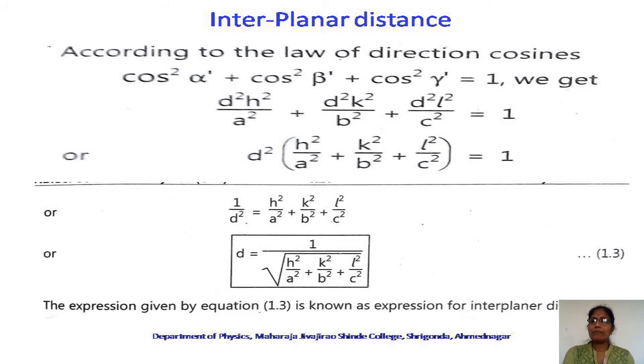Hence, taking d square common, it will give us d square into bracket h square upon a square plus k square upon b square plus l square upon c square is equal to 1.